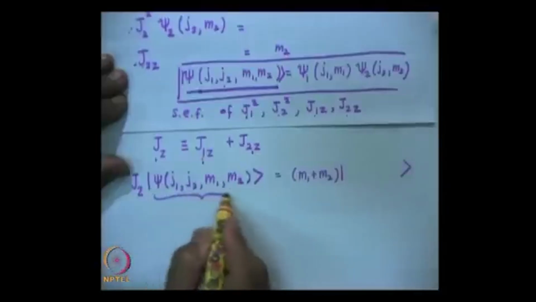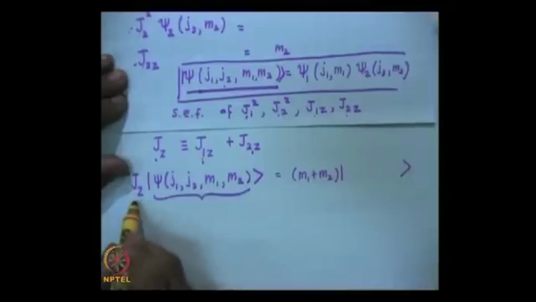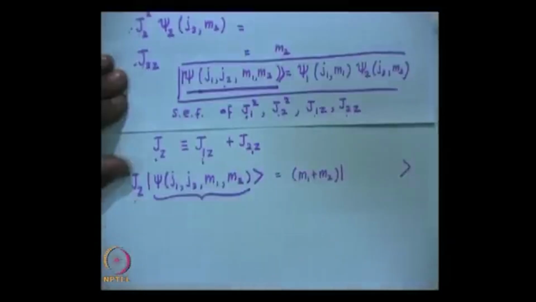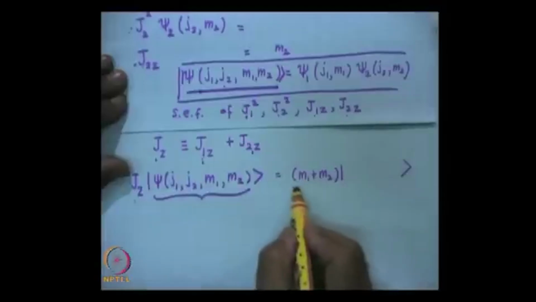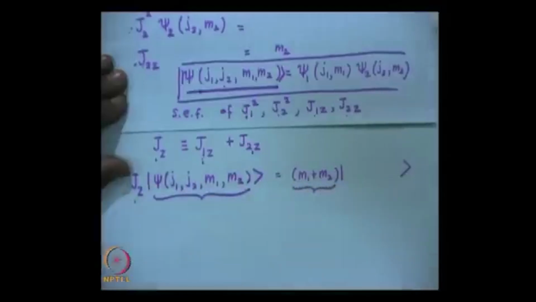So, this ket is also an eigenket of the operator Jz belonging to the eigenvalue M1 plus M2. Thus, we now know all the eigenvalues of Jz.